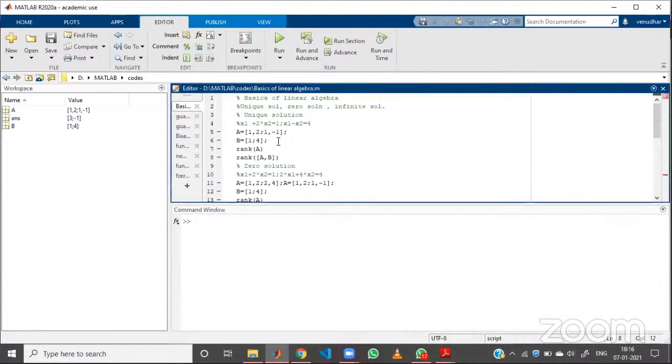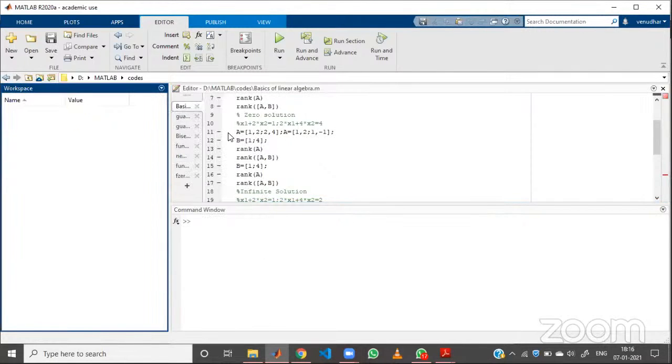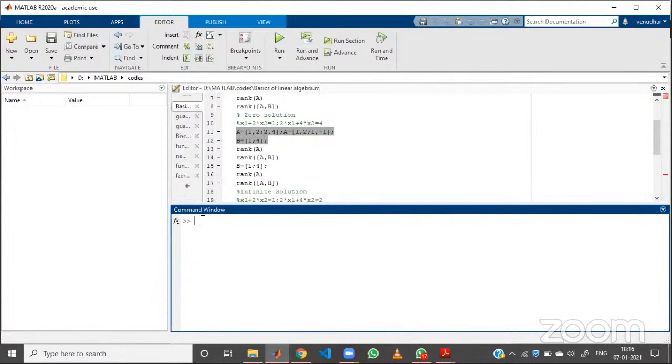So this was the case for the unique solution. And what does MATLAB give for the zero solution? Let's check. I also don't know, but it will surely not give any solution. What is the A matrix we have? A is this one.